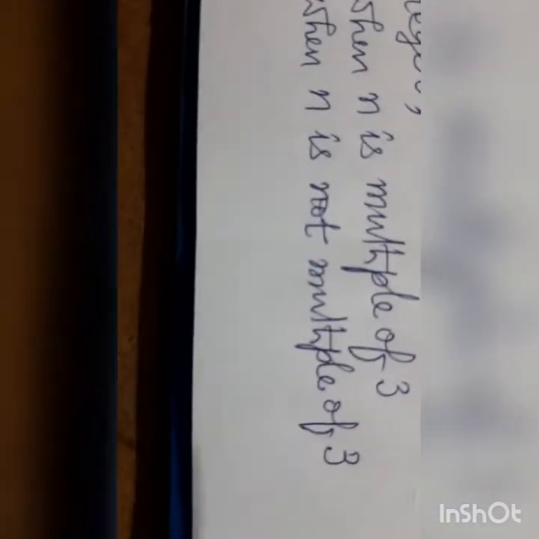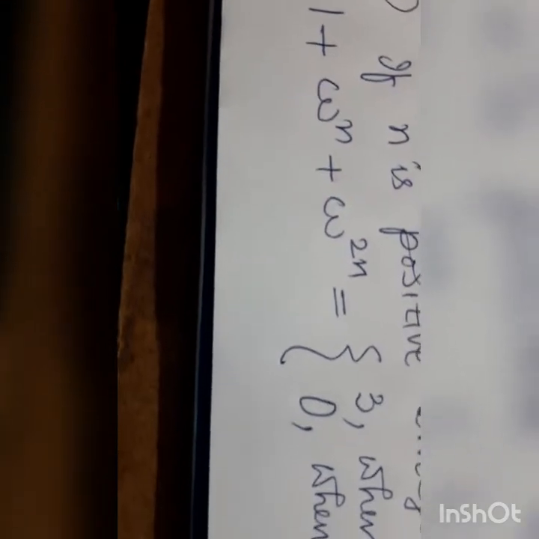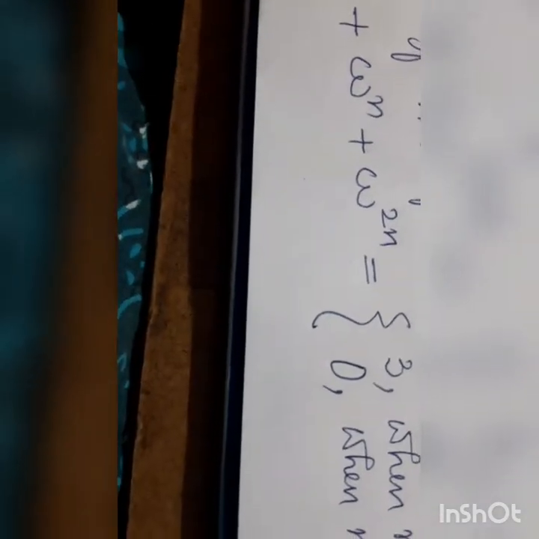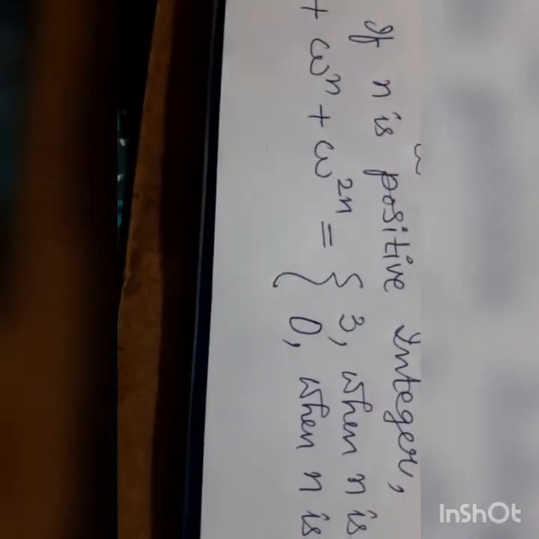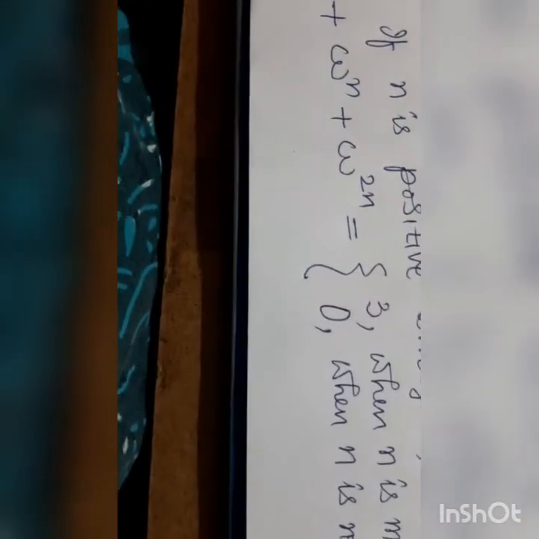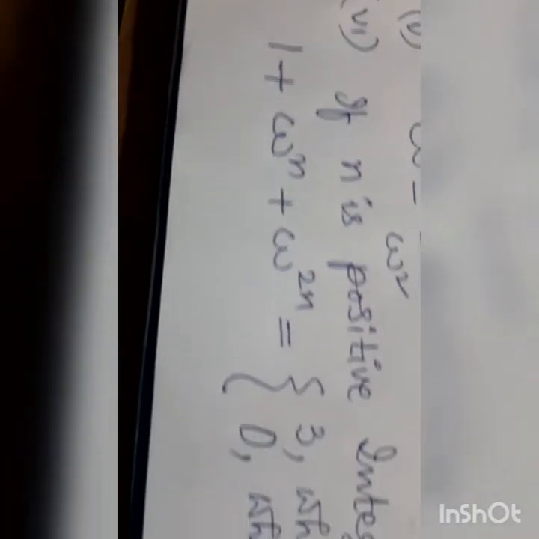When n is not a multiple of 3, the answer will be 0. So 1 plus omega power n plus omega power 2n equals 3 and 0, both answers will be there. When n is a multiple of 3, it will be 3. When n is not a multiple of 3, the answer will be 0.